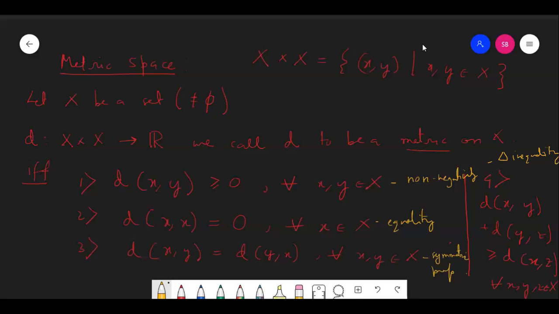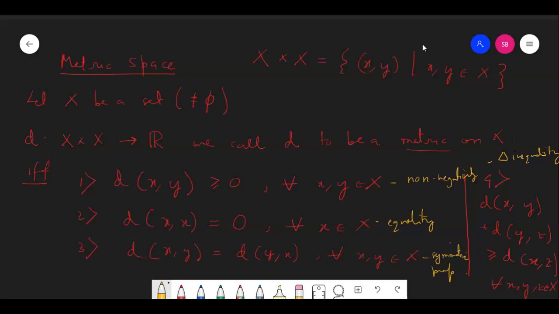All we need is a proper notion of distance. We had in R the thing mod of X minus Y, the distance between two real numbers x and y. Now we are trying to have a proper notion of distance for any general set X. This was the intuition behind the definition.